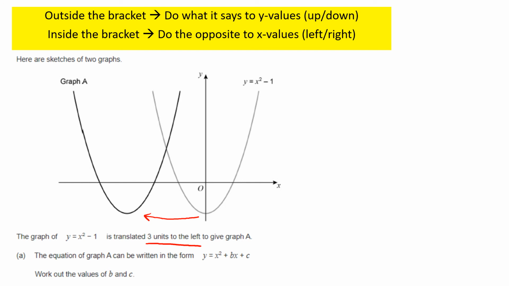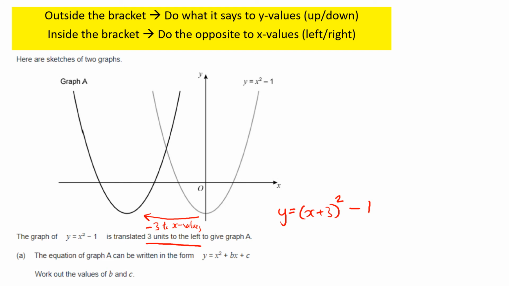So let's think, 3 units to the left. How else could we write that? We could write that as minus 3 to the x values. Now we know x values opposite in bracket. So we know we're going to use x plus 3 in a bracket. But the original equation was x squared minus 1. So it's now going to be (x plus 3) squared minus 1.